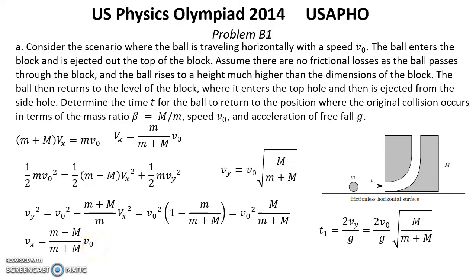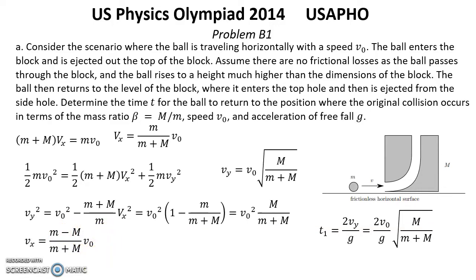From this formula we can find that if small m is greater than big M, this velocity will be positive and the ball will never reach the initial point. So it means that small m must be less than big M to count this time.